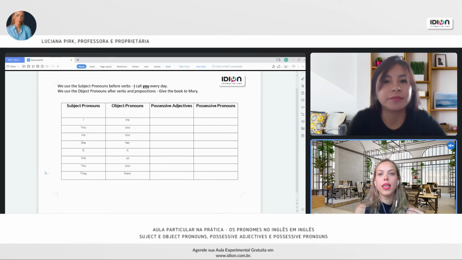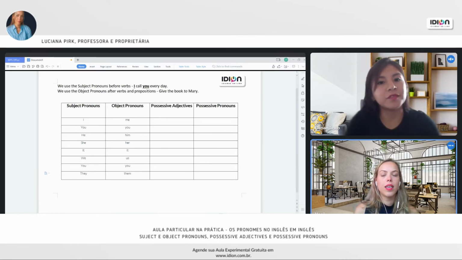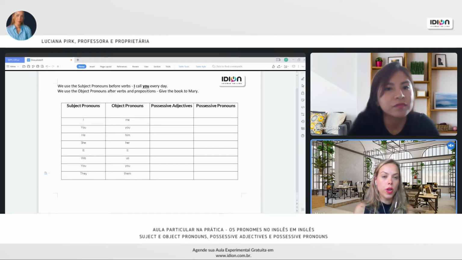So you can say, give the book to me, or give me the book. She called us. He called us. We talked to them. And these are the object pronouns, always receiving the action after verbs and prepositions.